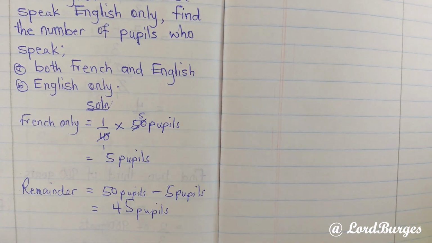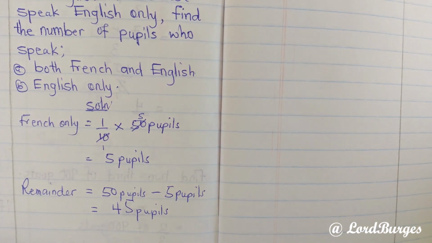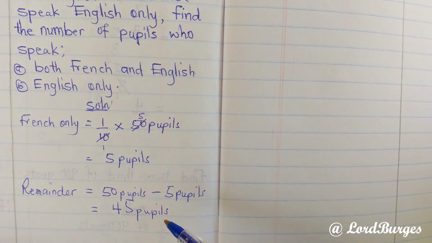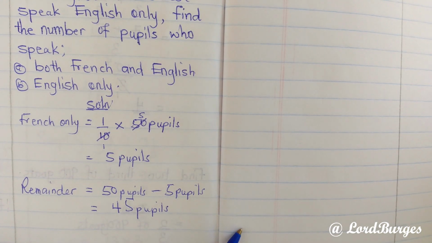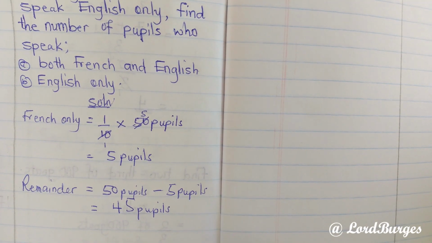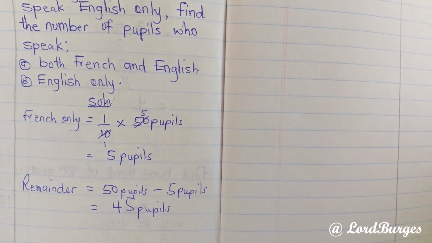So this is the remainder. 5 pupils speak French only, and the remainder is 45. Now they said 4/5 of the remainder speak both French and English, and that is what we are looking for.